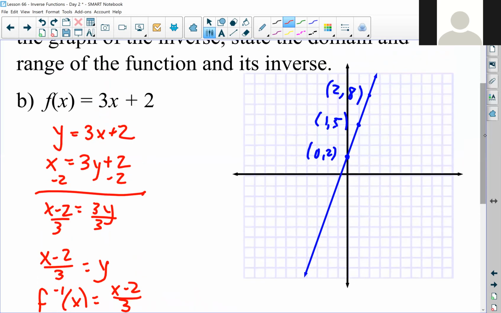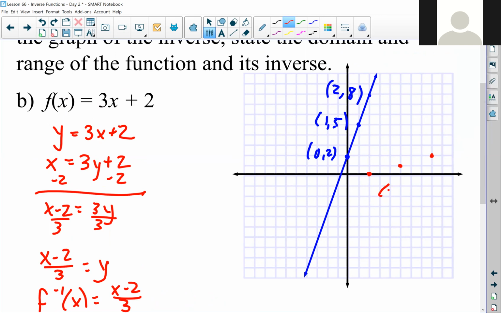Graphing. So if I graph those same 3 points, just switching, and I'll label them.